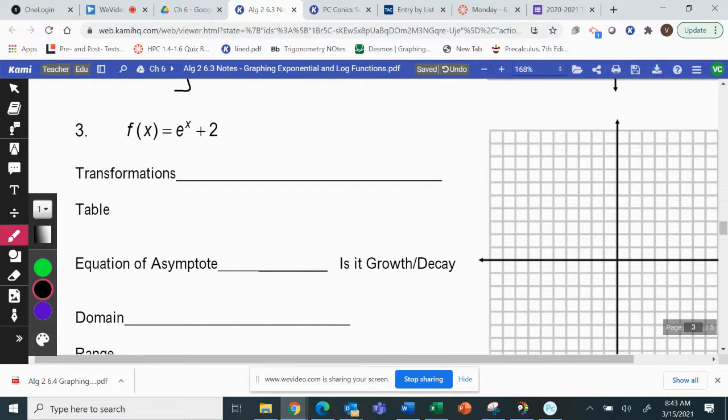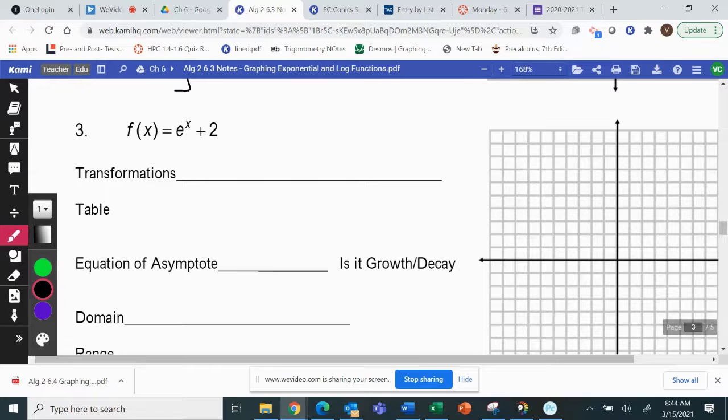All right, question 3. e to the x plus 2. We need to know if this is exponential or logarithmic. Sierra, do you know the answer? Does it say log? No, not logarithmic. It's got to be exponential.